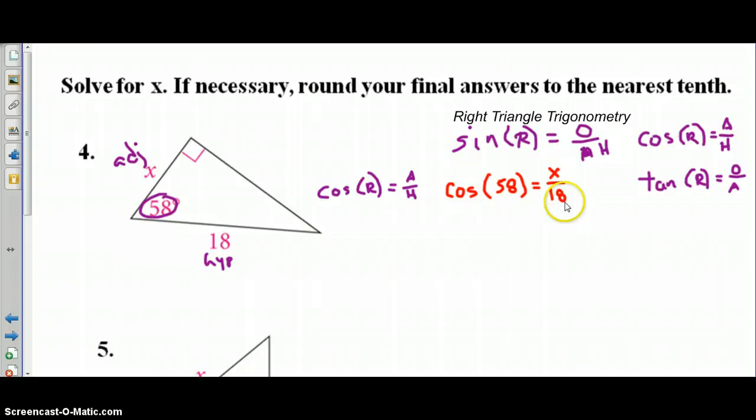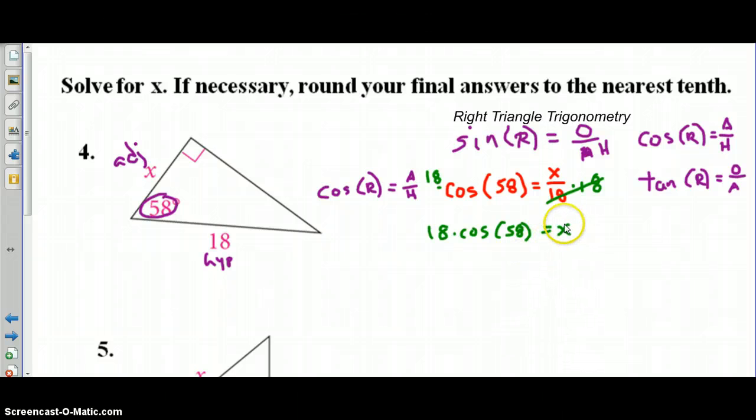In order to eliminate a fraction in an equation, we can multiply both sides by the denominator. In this case, our denominator is 18, and dividing by 18 and multiplying by 18 cancel each other out. And so we have 18 times the cosine of 58 is equivalent to x.